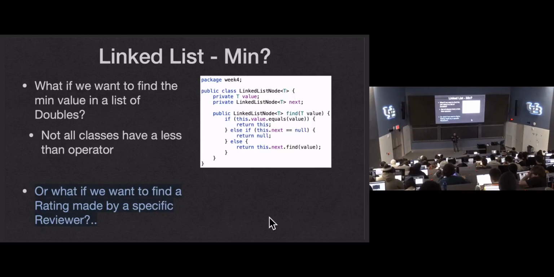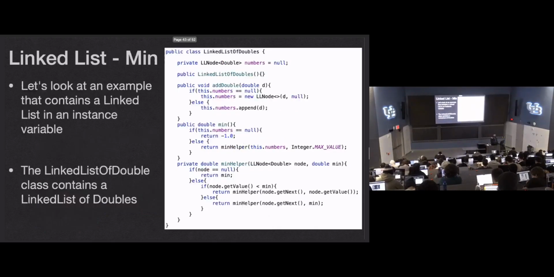So we have to navigate a linked list and check if this linked list of ratings has a rating with a specific reviewer ID. How are we going to do that? Not every type in Java has a method called getReviewerID. In fact, almost none of them do. So we definitely can't call that from our type parameter. So we need another answer.